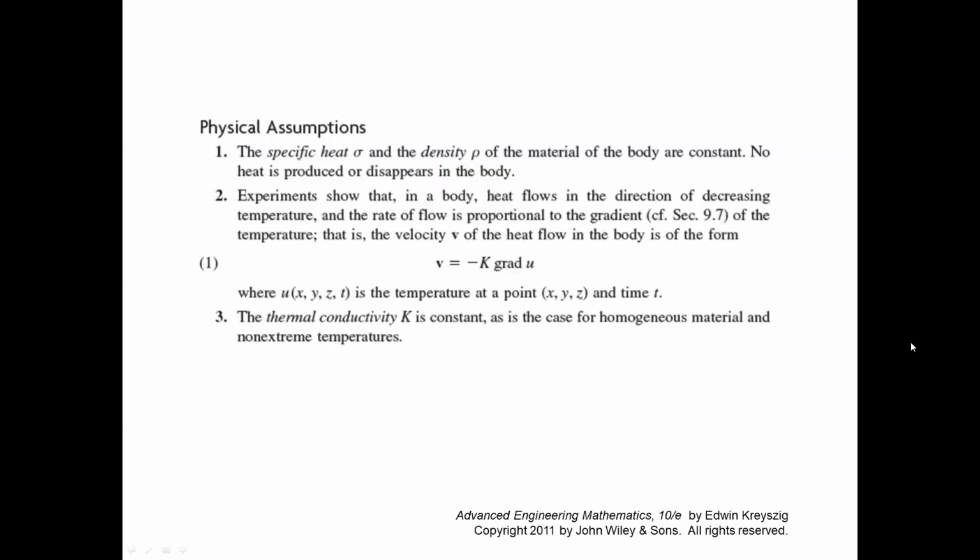And in order to find the solution of the equation, we have to make certain assumptions. Assumption number 1, the specific heat and the density of the material remain constant, and no heat is provided or disappears inside the object.